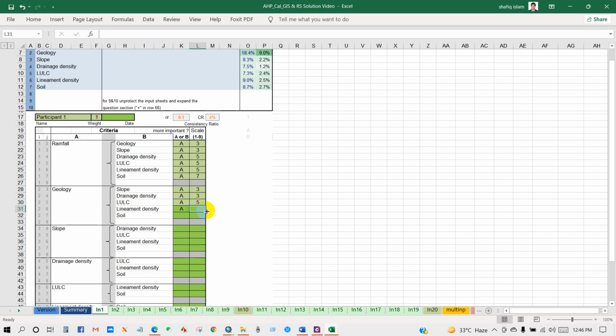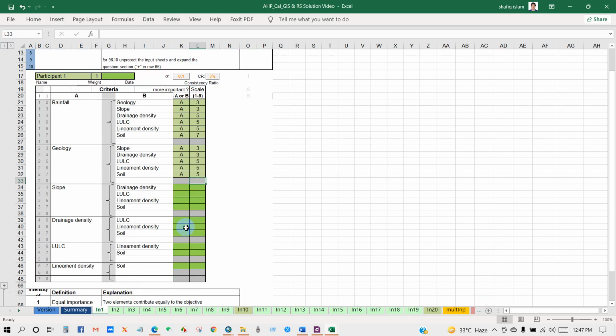So you have to give the scale here, which is more important. I have given 5 for geology, then soil. And here slope or drainage density. Slope is more important than drainage density. So I think this is equal importance, so I have given 1.